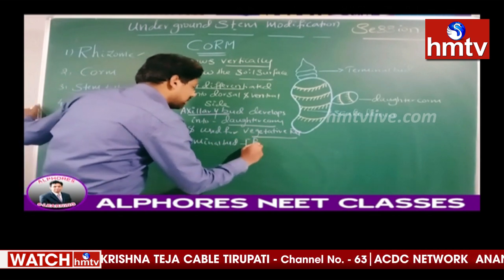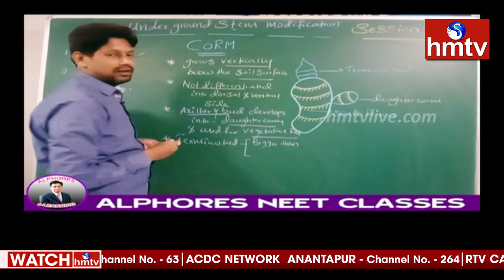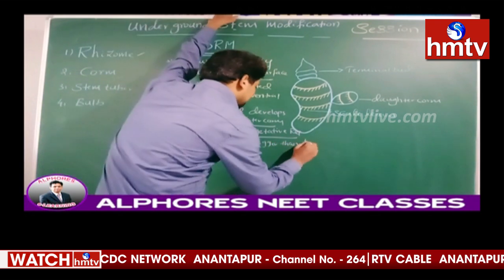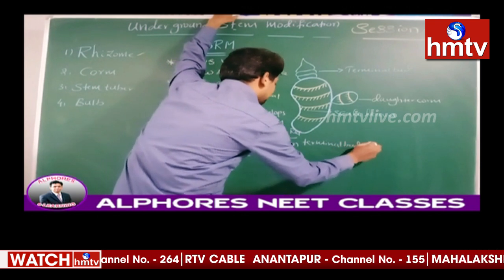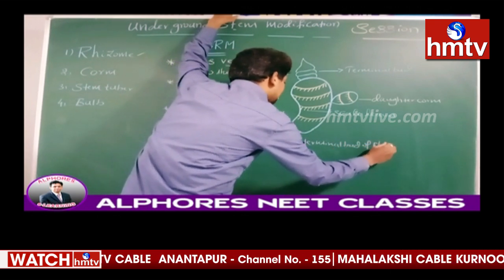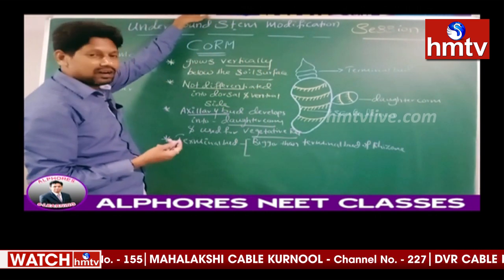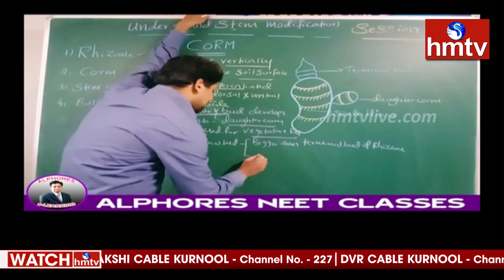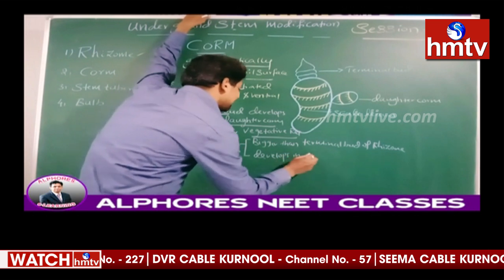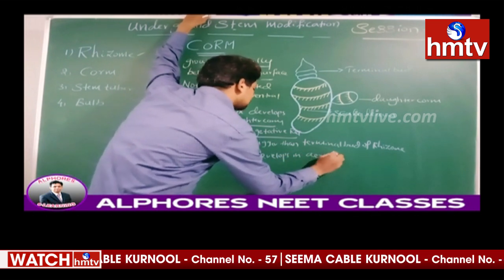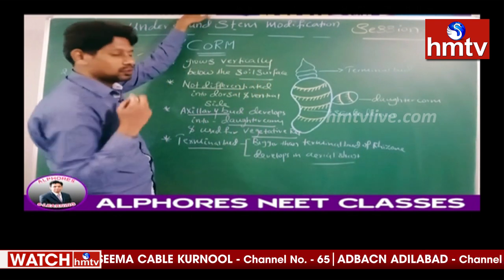The terminal bud of corm is bigger than the terminal bud of rhizome. This terminal bud develops into aerial shoot.